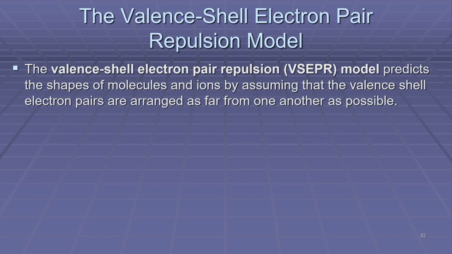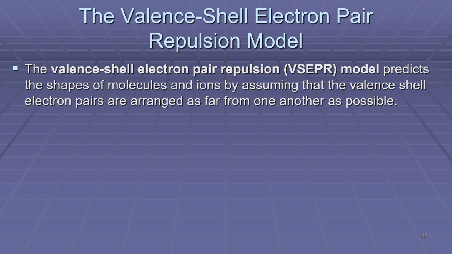So what is the valence shell theory? It's actually called the VSEPR theory. VSEPR stands for valence shell electron pair repulsion theory, or model, and it predicts the shape of molecules and polyatomic ions by assuming that all the valence electron pairs, remember, electrons don't mind hanging out in pairs because they have spins where they kind of hide from each other, but every pair wants to be as far apart from the others as possible.